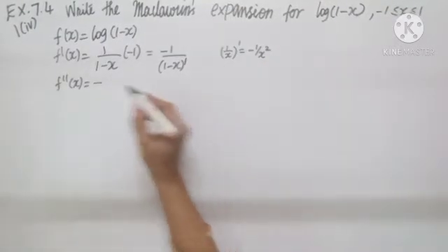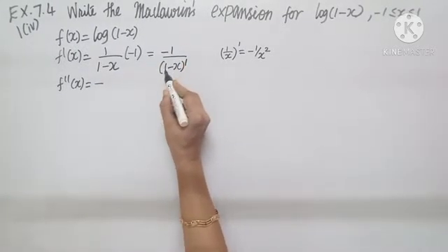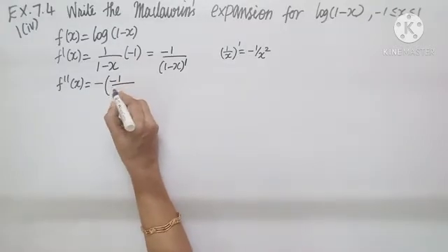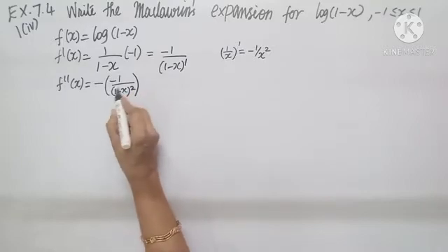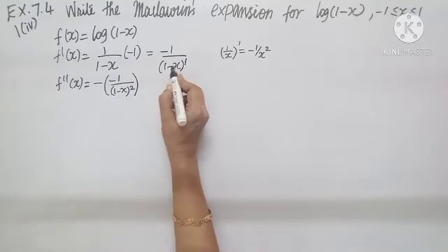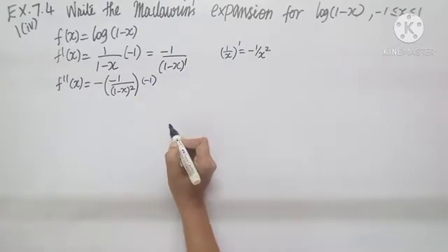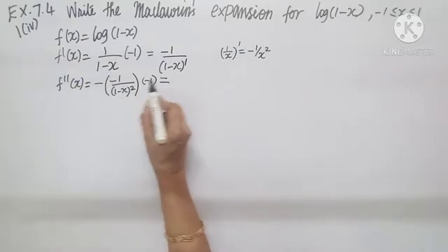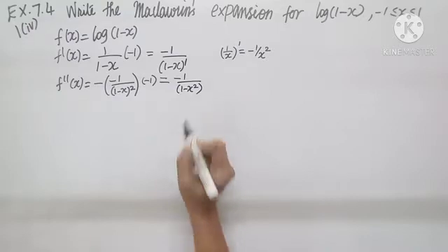Applying that, this minus symbol I have retained. 1 by 1 minus x becomes, by this formula, minus 1 by 1 minus x the whole square. Because 1 minus x is coming, 1 will become 0, minus x minus 1 should come. So ultimately minus into minus into minus, minus 1 by 1 minus x square.